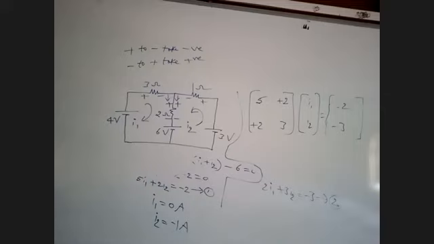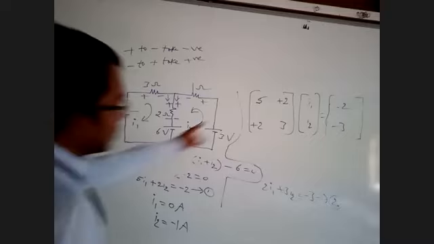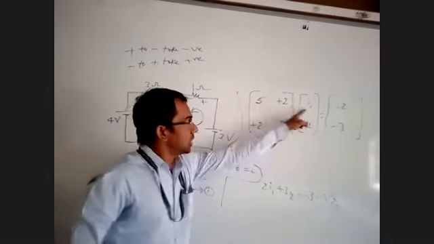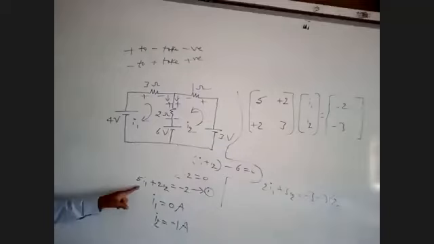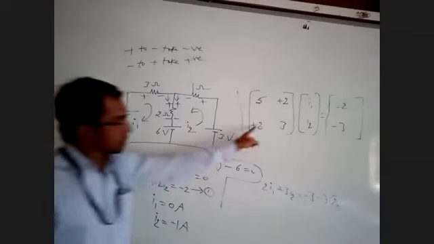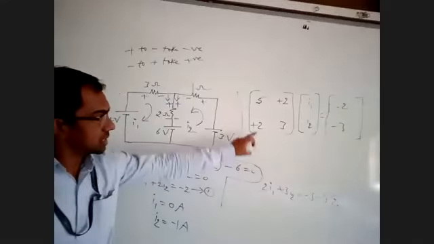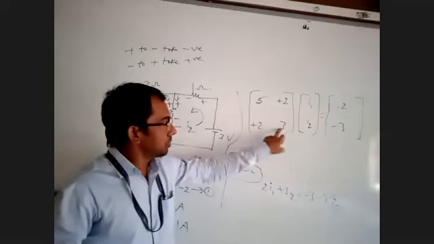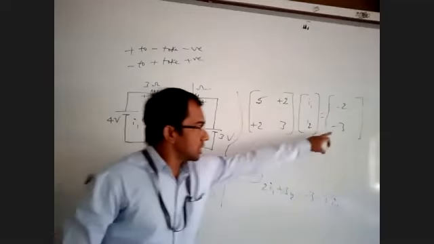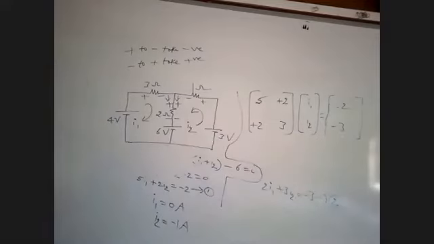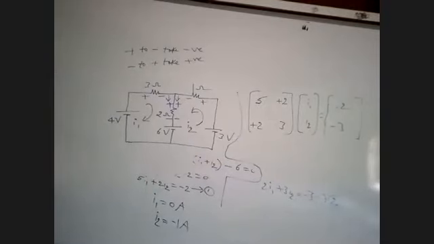Now compare the first loop equation, multiply the matrix row by column. 5 into I1 plus 2 into I2 is equal to minus 2. Second equation is 2 into I1 plus 3 into I2 is equal to minus 3.